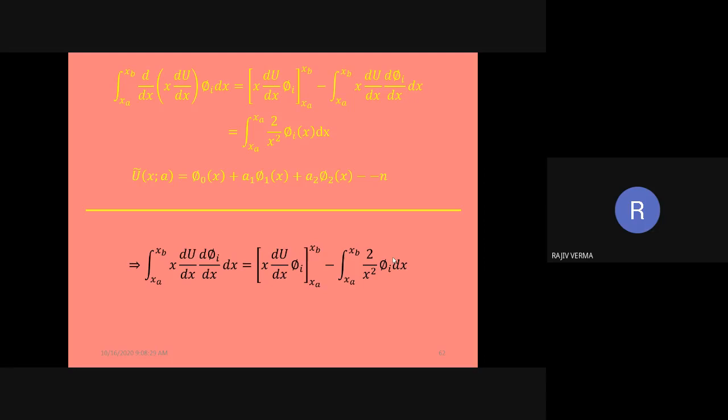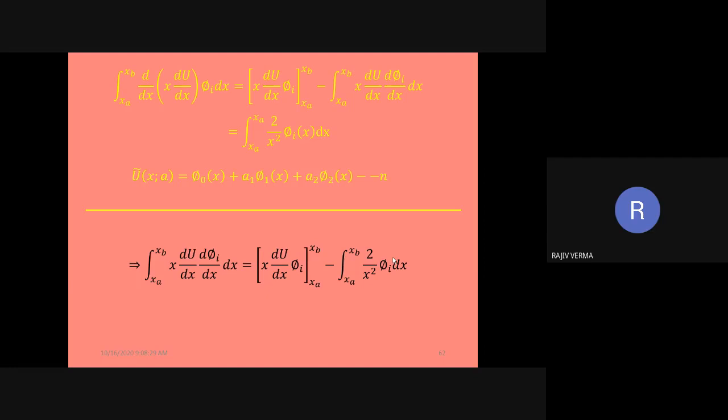Starting में हमने दो boundary terms ली थी. One is in terms of u and the other is in terms of x into du by dx. That is prescribed at x is equal to xb.